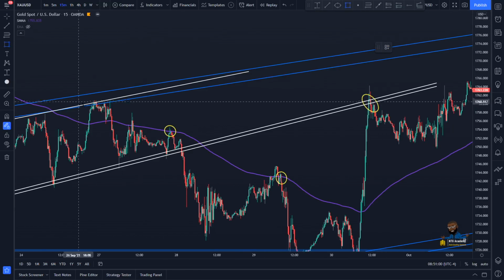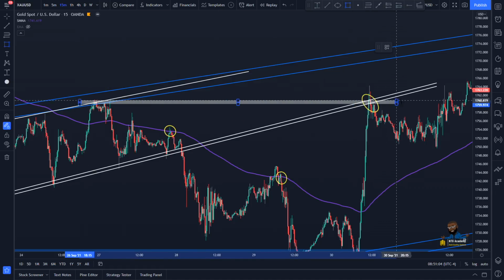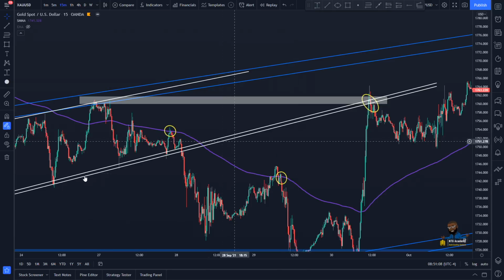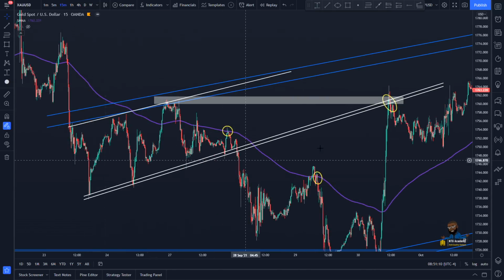Because we had resistance here, and you guys see how that evens out with the trend line. So we know that where this trend line is at is the most optimal place for us to look for confirmations for buy and sell, right?